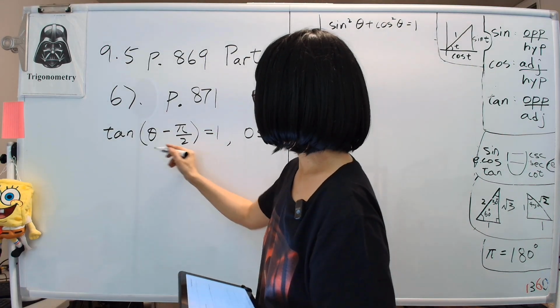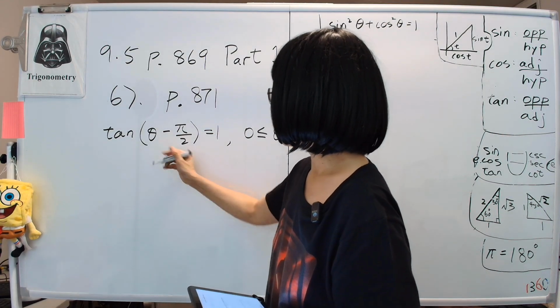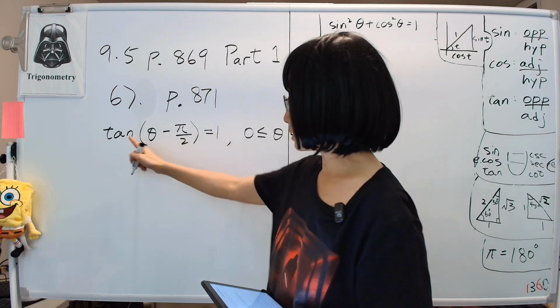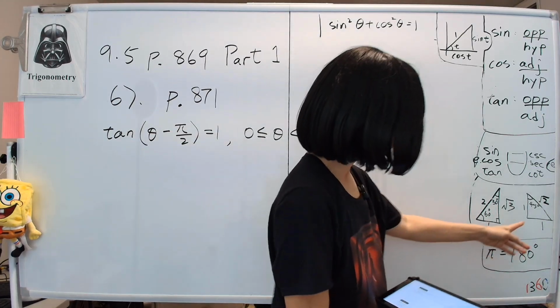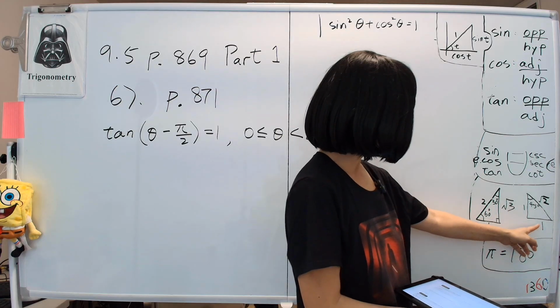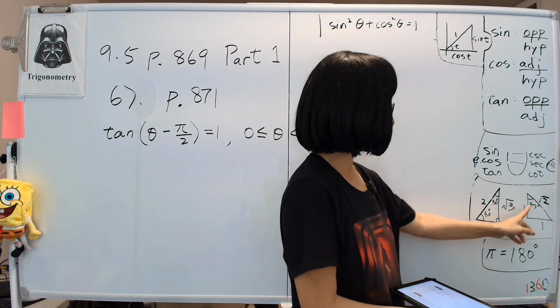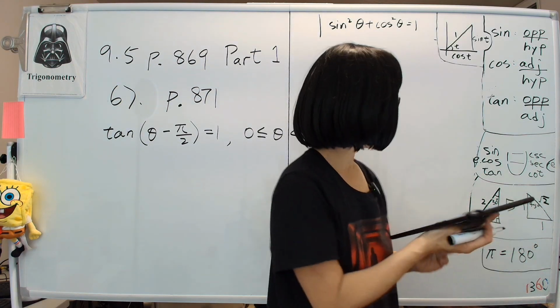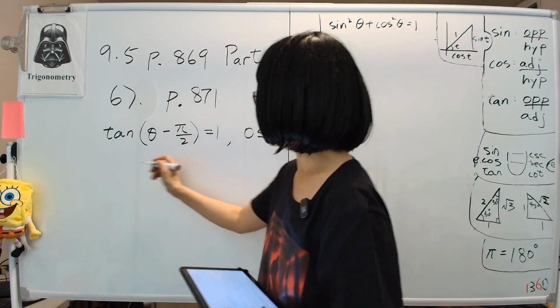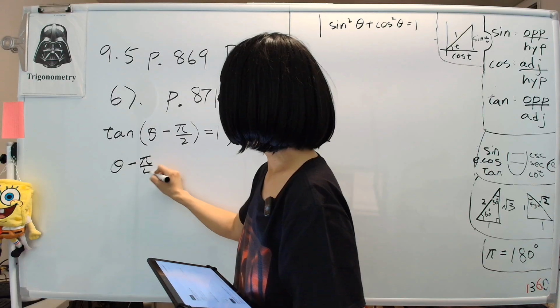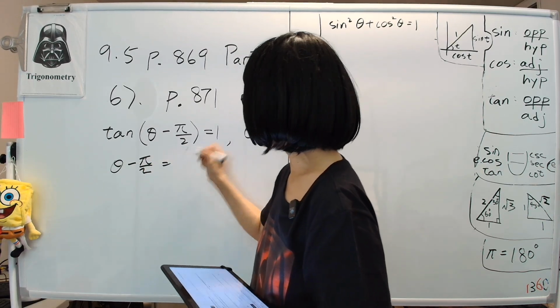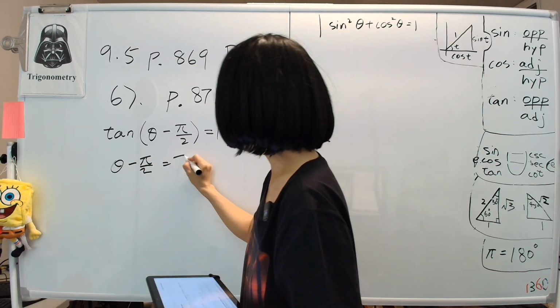First, what is theta minus pi over 2? It satisfies the tangent of this thing equal to 1. So let's look at the angle. The tangent is 1. It's the opposite divided by adjacent. That's 45 degrees. So that means theta minus pi over 2 equals 45 degrees, which is also pi over 4.